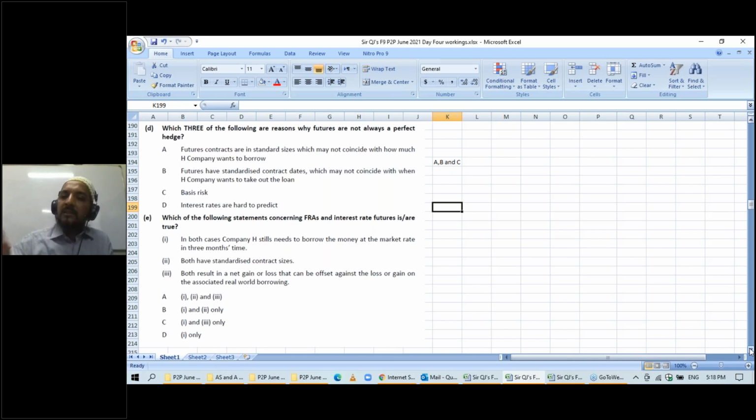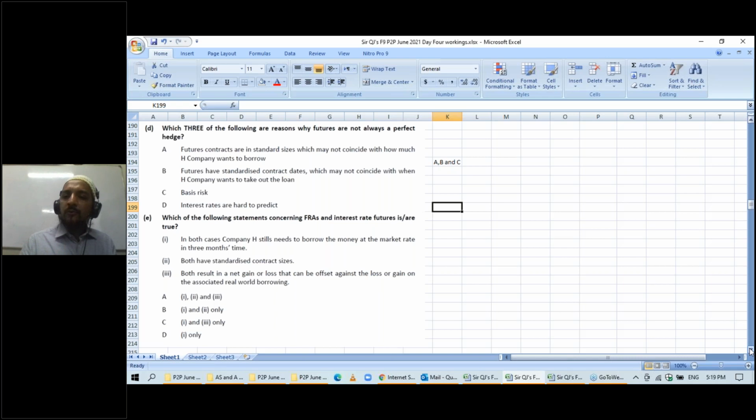The same thing is in a futures contract. There is a futures market where we buy a future or sell a future and then close it afterwards. And we earn a gain or loss, right? And this gain or loss compensates you for the loss that occurs in the actual transaction, meaning in the actual borrowing or investing.